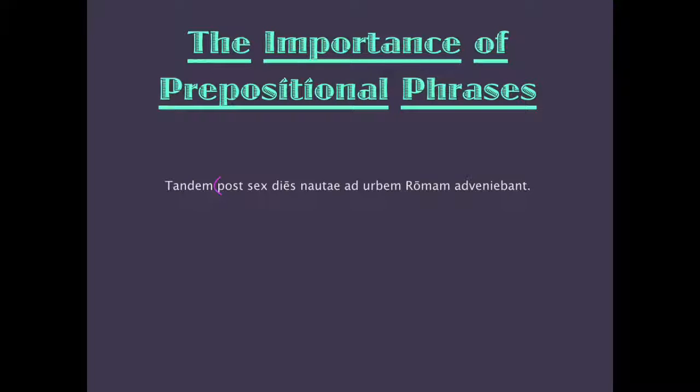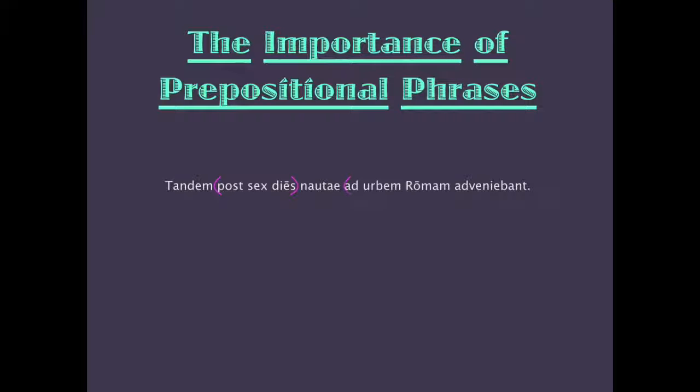It must be followed by the accusative case. To find the accusative case noun, I like to read what comes after the preposition until I find the first noun with the required case. In this particular sentence, that noun is dies. The noun that comes after it, nautae, is not in the accusative case, so I know my prepositional phrase ends at dies, days.